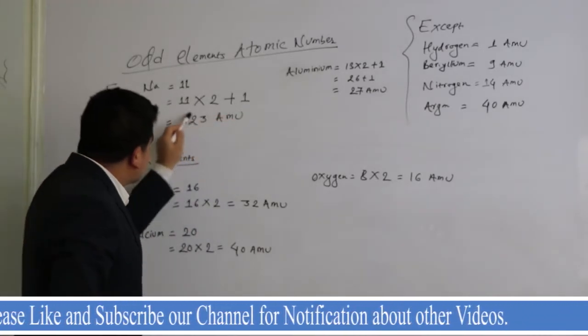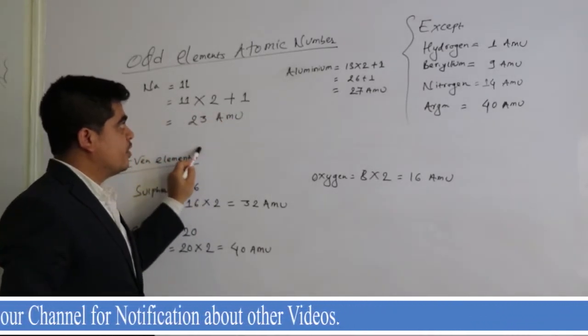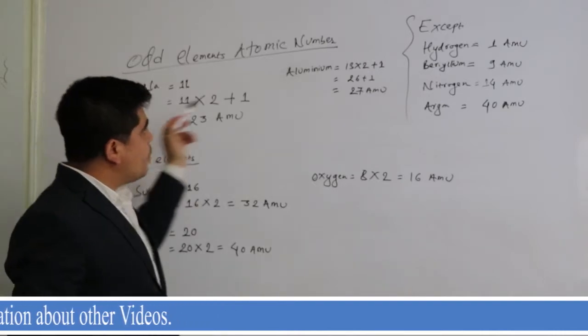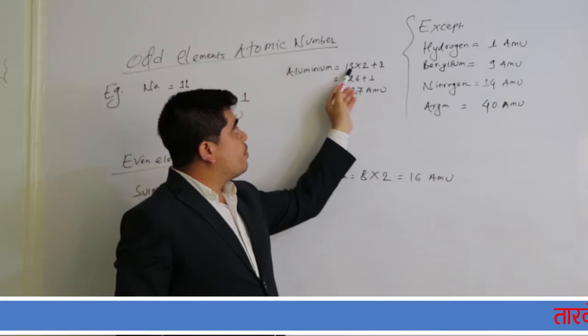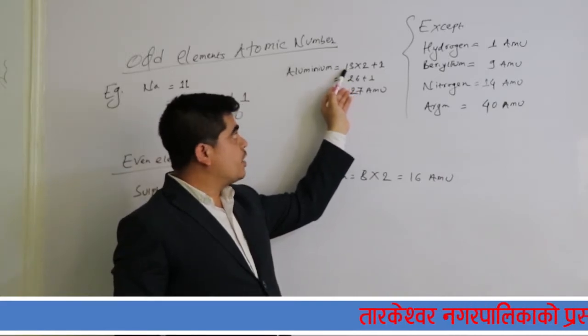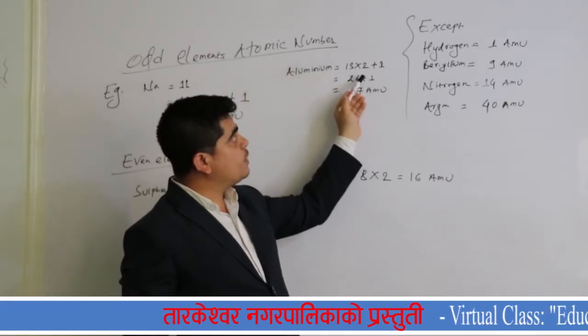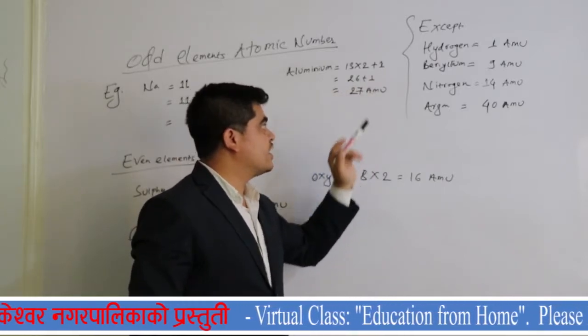This is the exact atomic mass unit. Do the same for aluminum. Aluminum is an odd number, atomic number 13, which has to be multiplied by 2 plus 1, that is equal to 27 AMU.